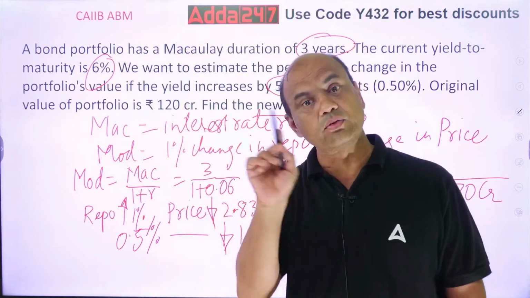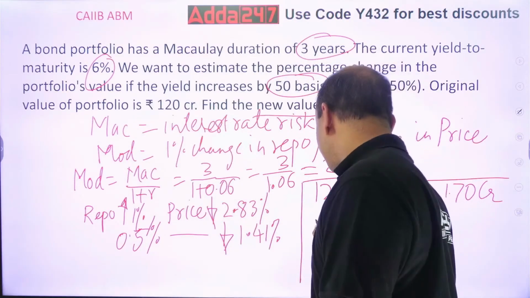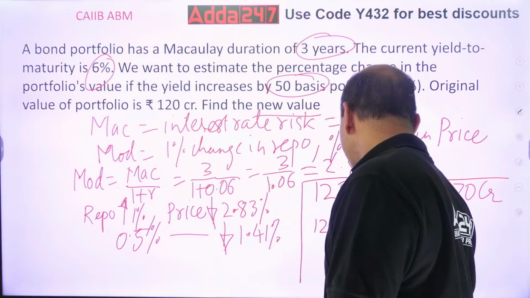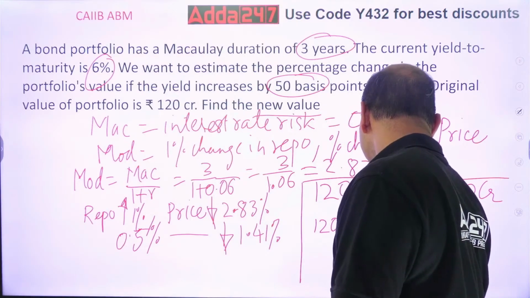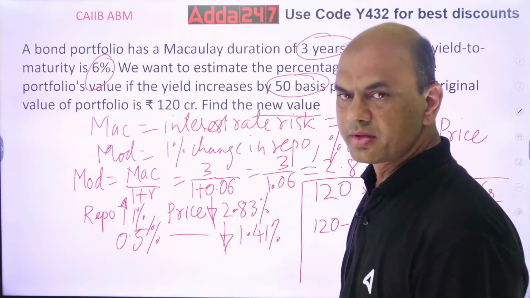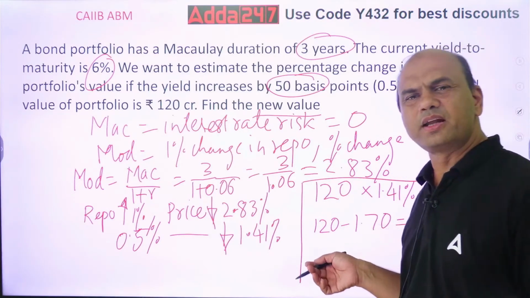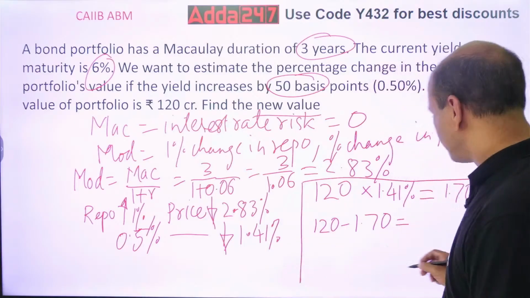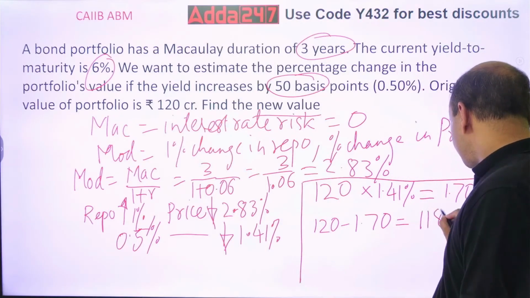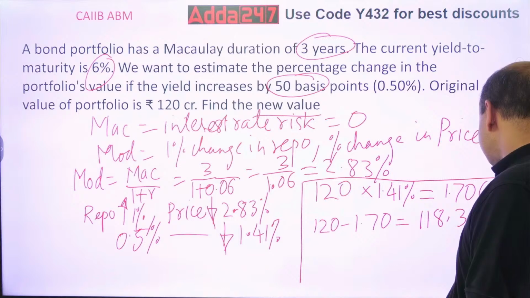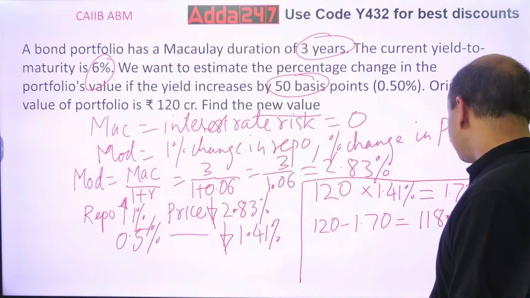So the new value will be 120 minus 1.70, which is 118.30 crore. This is the value of your new portfolio.